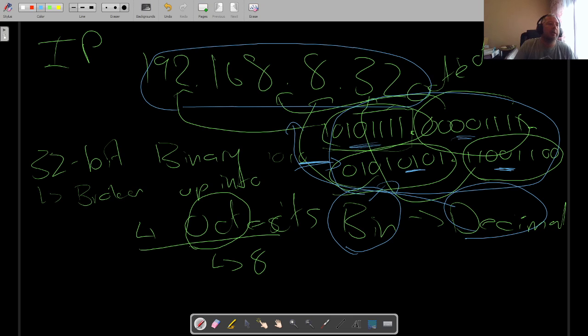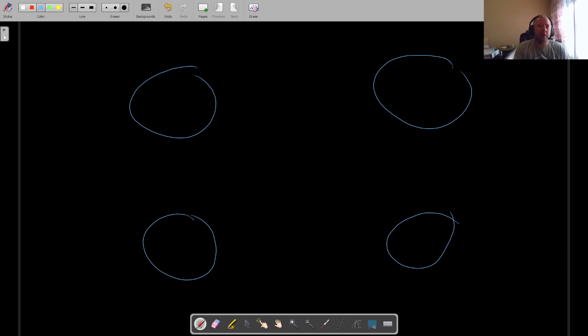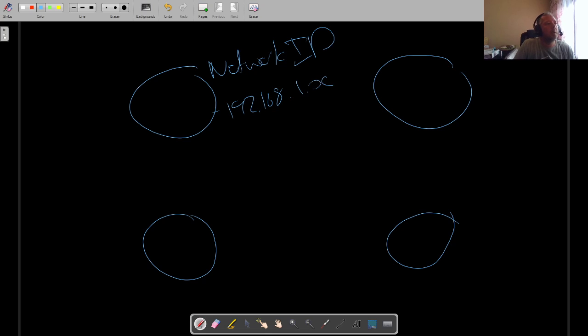Okay, so what will this look like then? Let's say again I have my 4 networks. I'm just using examples here. We'll go into a bit more detail just now. So this network will have to have a network ID. Part of that IP address has to be assigned to the network itself. So let's say that network is 192.168.1.